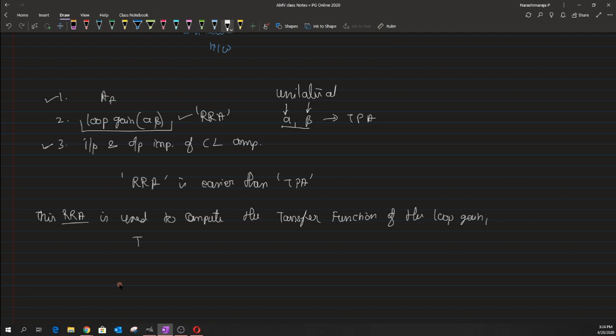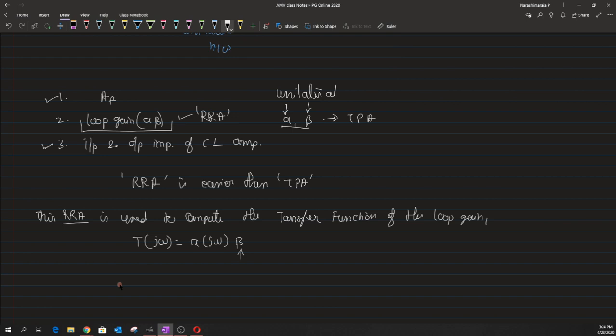I generally use the notation of capital T to represent the loop gain formula, and since the open loop gain is a function of frequency, even this loop gain will also be a function of frequency, even though we consider beta to be a kind of frequency independent parameter.